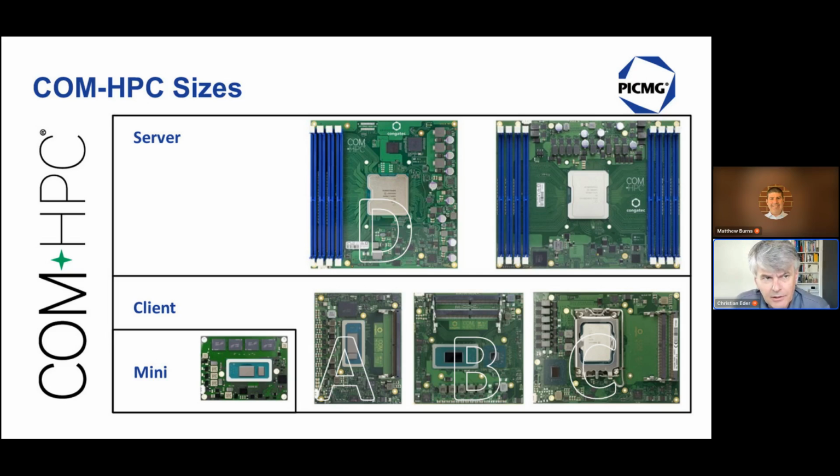But focusing here on COM-HPC, as I mentioned, a quick overview. The smallest one, which is in focus today, is the Mini. It's only 95 by 70 millimeters, and it scales up to sizes A, B, C. Those are typically the client sizes, which means the pinout has more user interface things like video, audio, etc. And the server sizes are more tailored to a high amount of Ethernet interfaces, but no audio, no video interfaces, and much more PCI Express lanes.